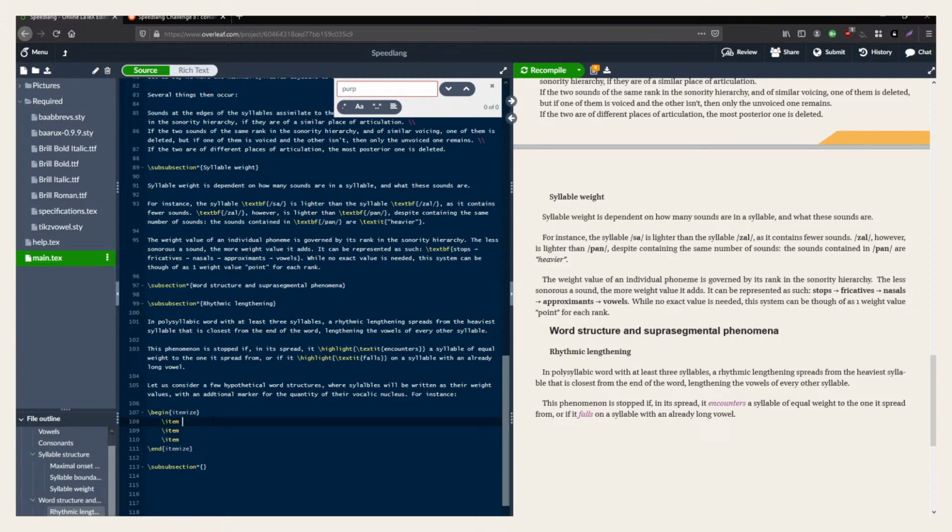So this one is going to be for V to be read as a syllable with a weight value of 4 and a single vowel.